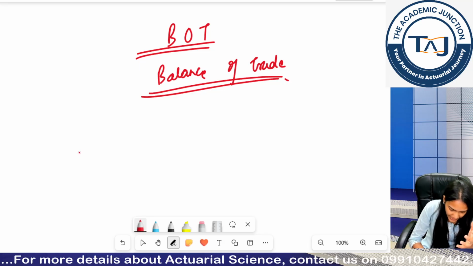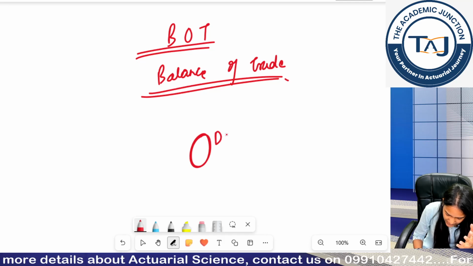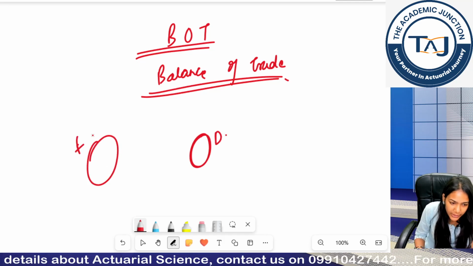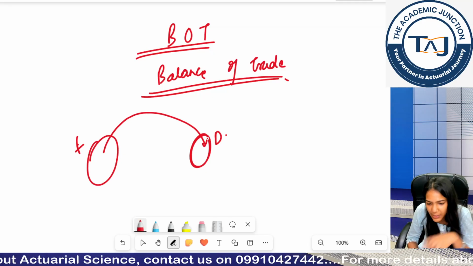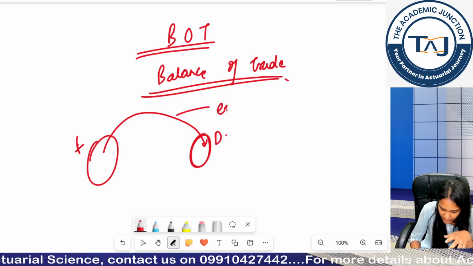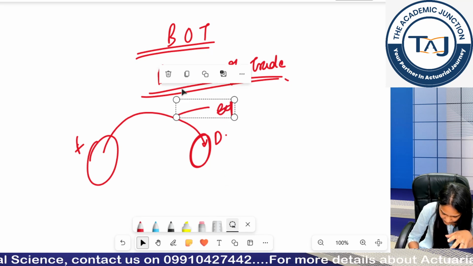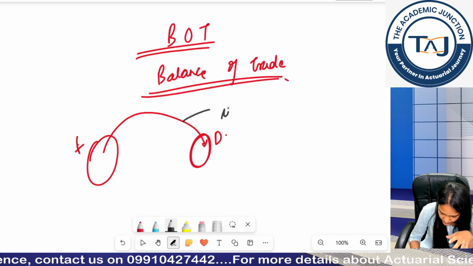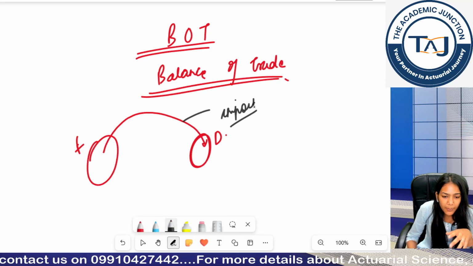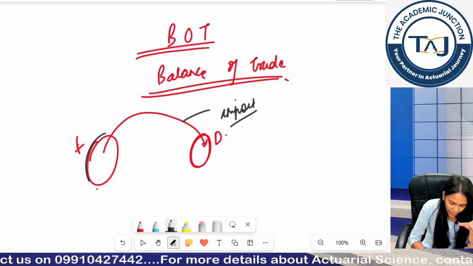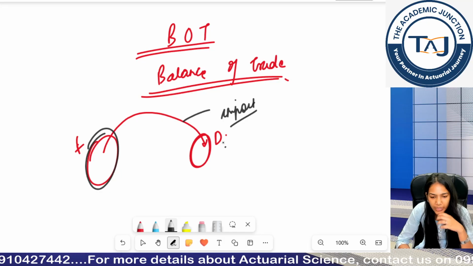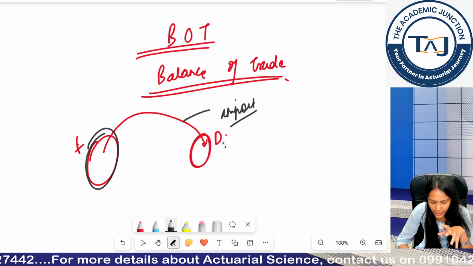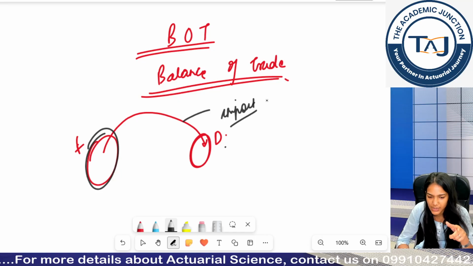If this is my domestic country and this is, for example, a foreign country, and I am getting goods and services from the foreign country to my domestic country, this is called import of goods and services.